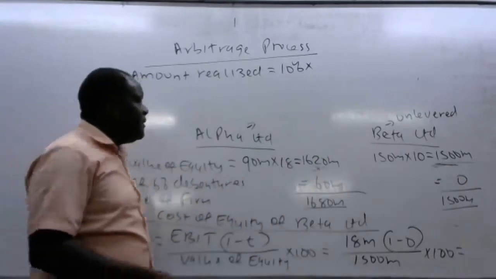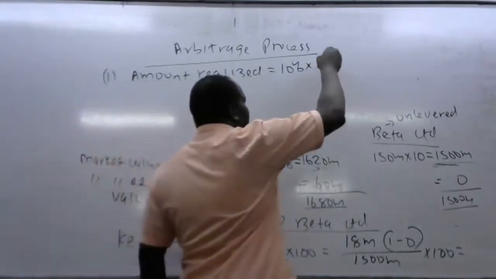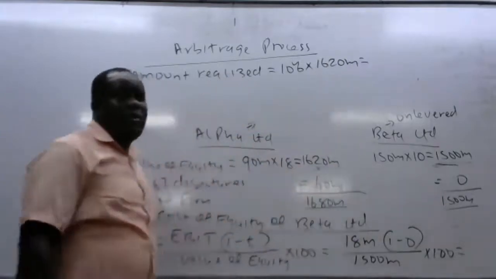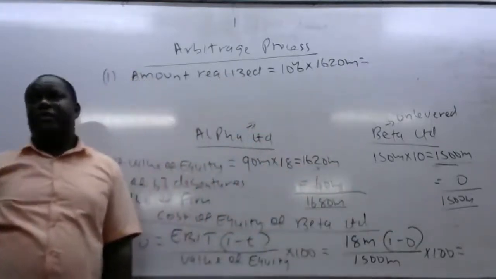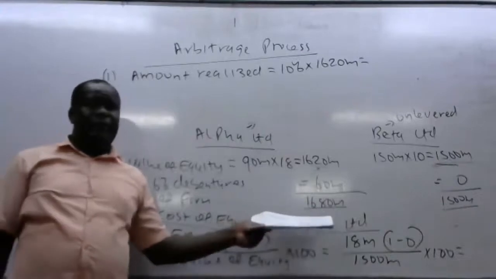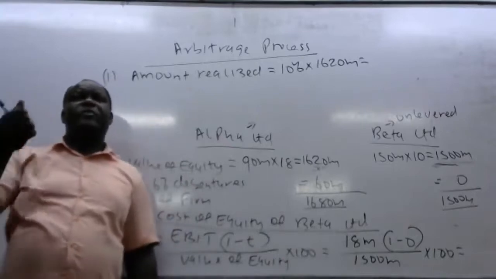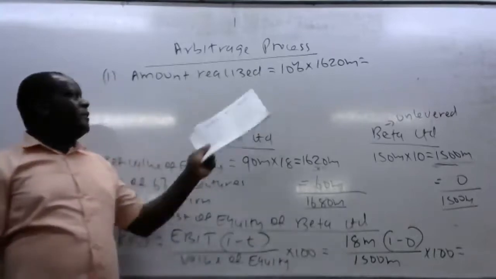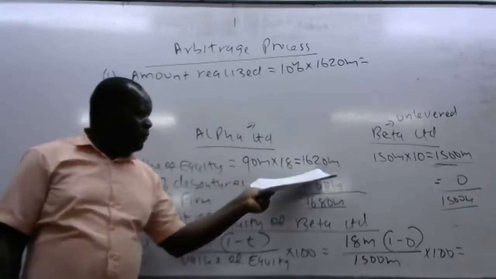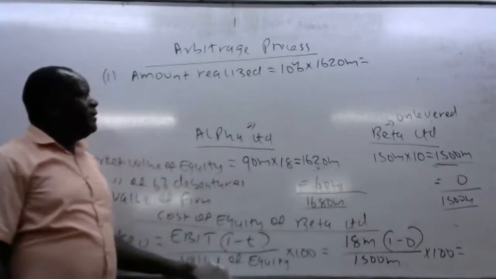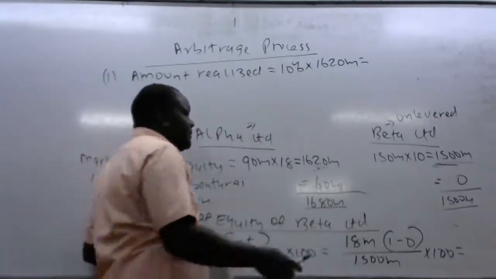We get 10% of 1620 million. In any company, a shareholder will own ordinary shares, not the total value of the company. Your ownership as a shareholder is calculated on equity. So you get 10% of the value of equity, which is 1620 million. So that means you will be having how much?